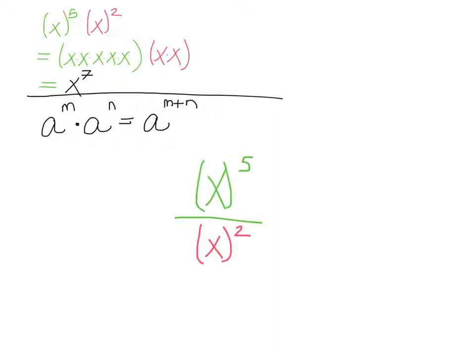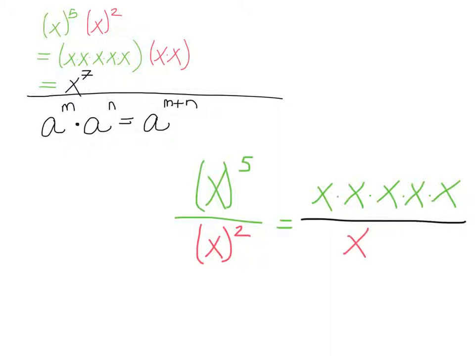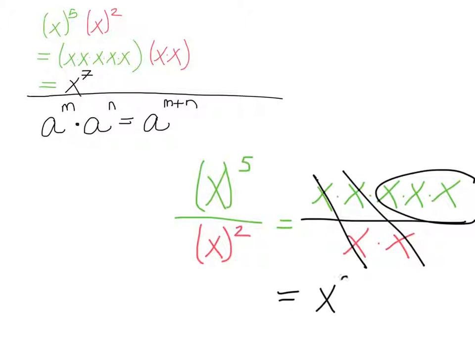So what's happening is we have 5 x's on the top, and then we have 2 x's on the bottom. So 2 of those x's are going to cancel, and we're going to be left with 3 x's, x times x times x. And we know that that's equal to x to the 3rd.